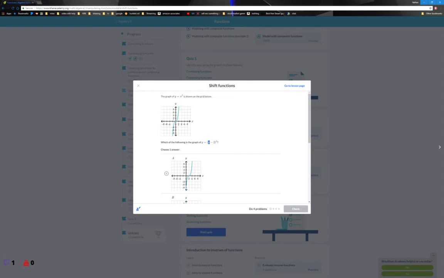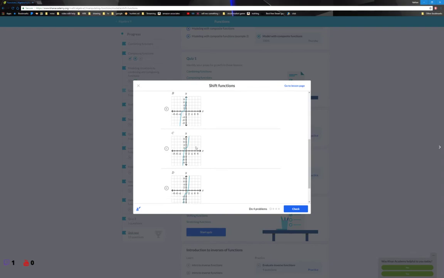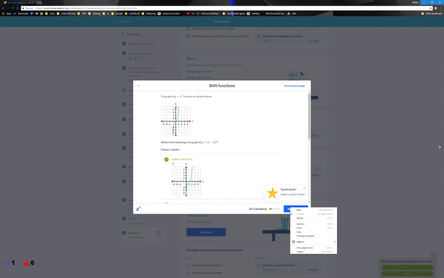So we want this to equal 2. Yes, because we're subtracting the horizontal shift, so we actually want a positive 2 shift. So we need to make this equal 2. So in the first one, it equals 2 on a horizontal shift. This would be a negative 2 horizontal shift. So that is not the correct one.